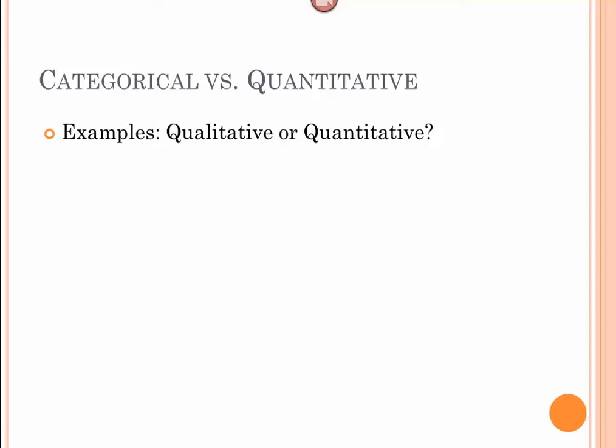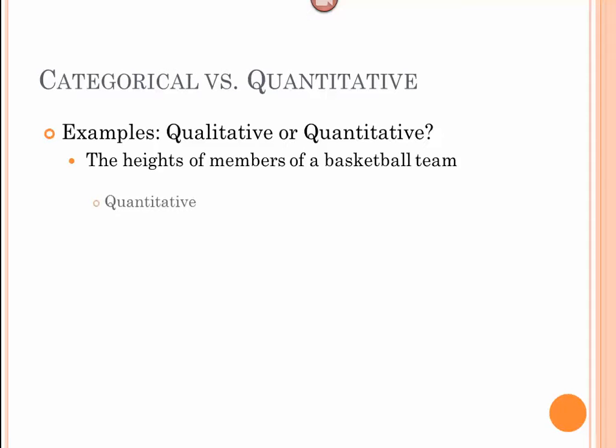But remember, qualitative is just another word that's used at times. Or is it quantitative? So, for example, the heights of members of a basketball team, would that be categorical or quantitative? And the answer there is quantitative. Height is a measurement, and in fact I just mentioned it in describing quantitative data.